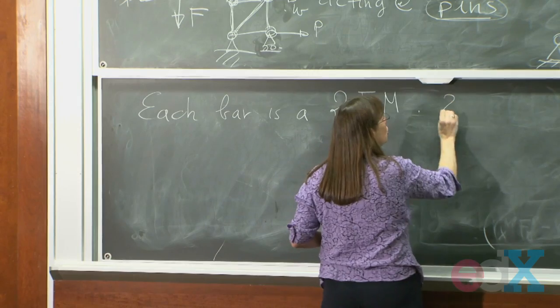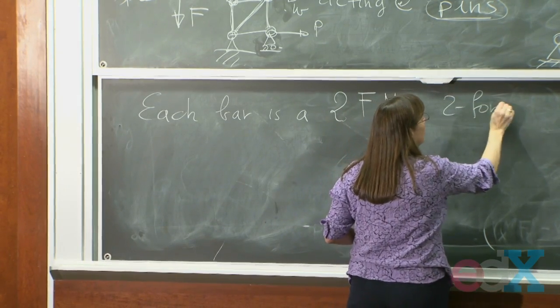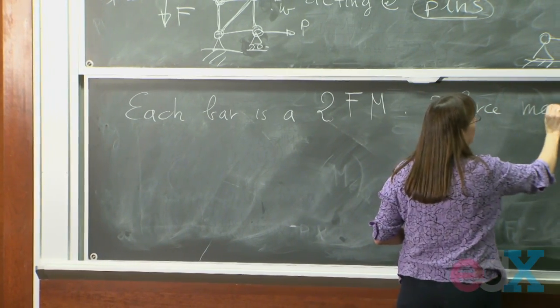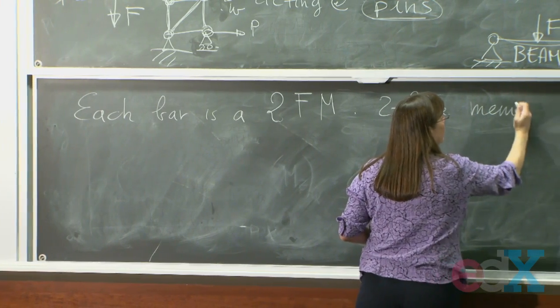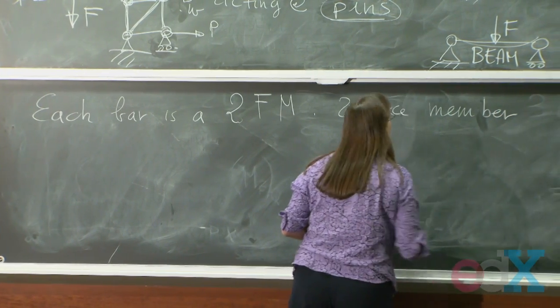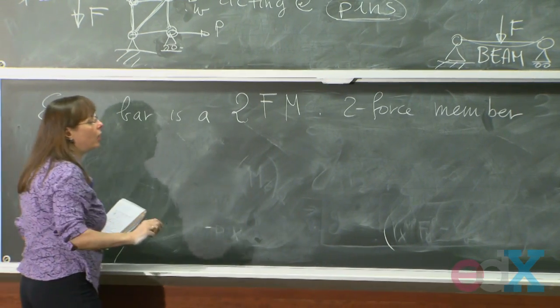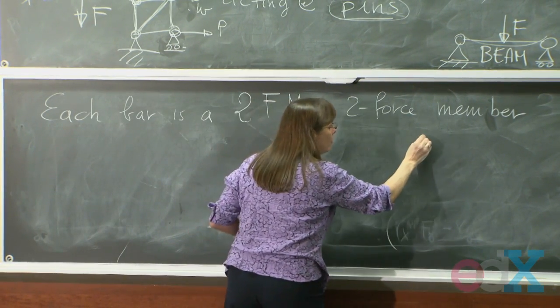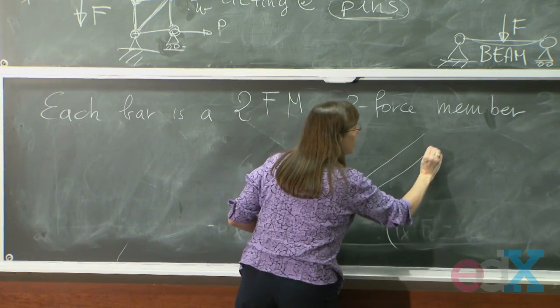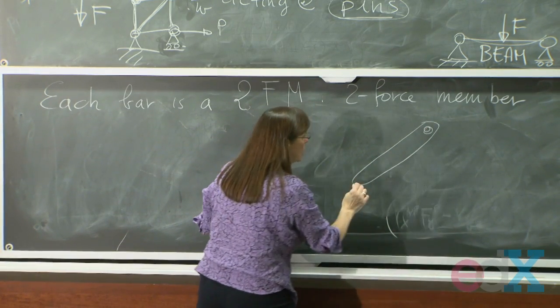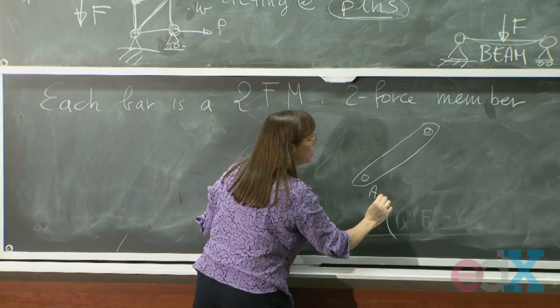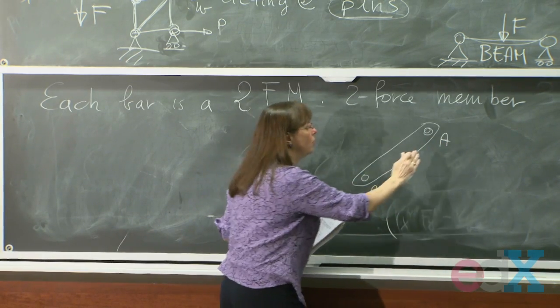This means it's a 2-force member. What it means is that for each of these bars, the only place where the forces can be applied are at the end. Let's consider a bar, and let's consider point A and point B.